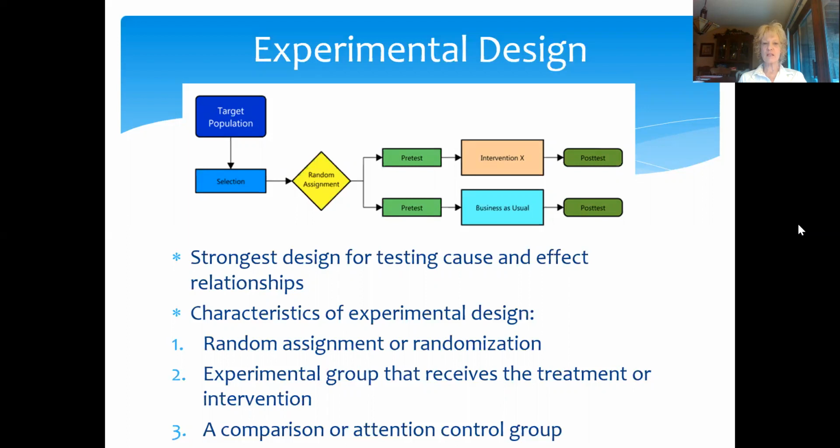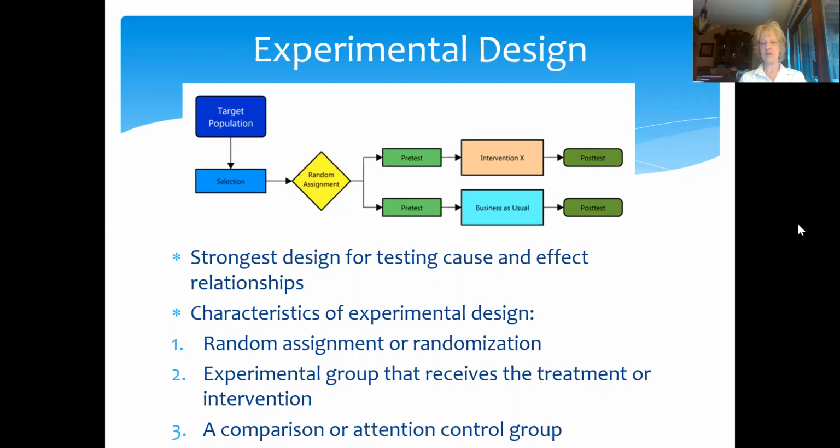It's the strongest design for testing cause and effect relationships. And there are 3 essential characteristics of experimental design. First, you have to have random assignment or randomization. Sometimes you can't do random assignment of individuals, so you might randomly assign clinics or randomly assign units.